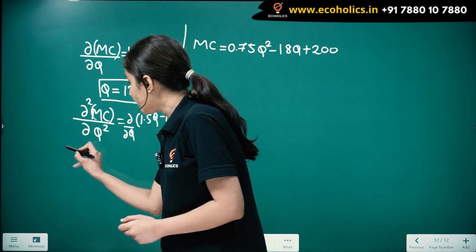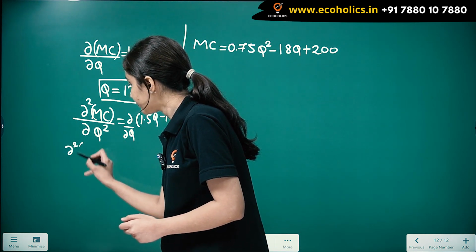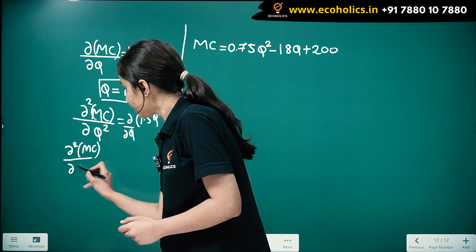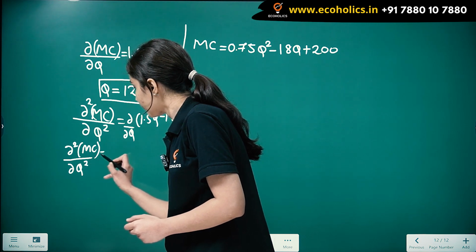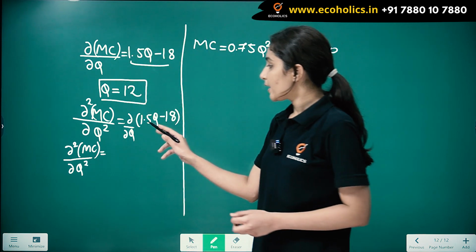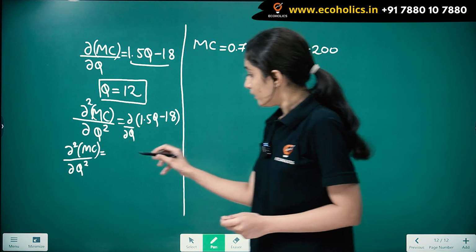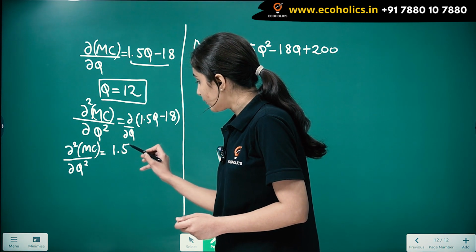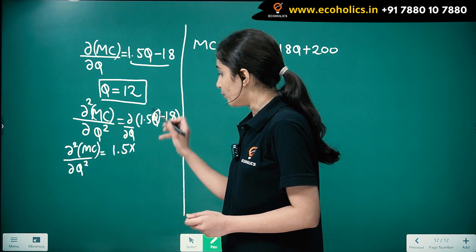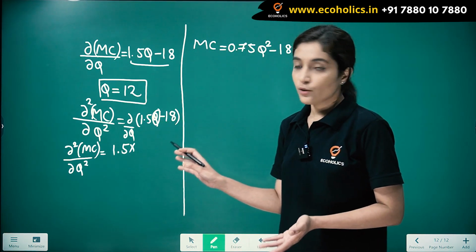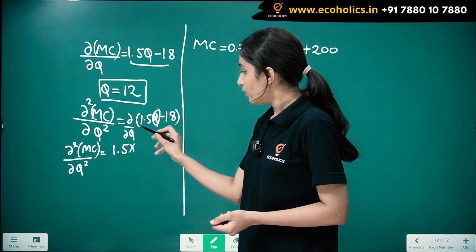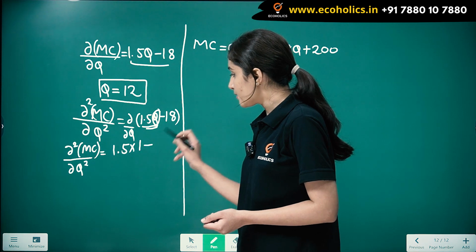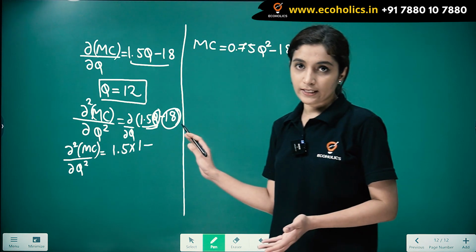This can again be written as differentiation of 1.5Q, which is equal to 1.5 into differentiation of Q. Now the power function rule again: using the power function rule, we get differentiation of Q as 1, minus differentiation of 18.